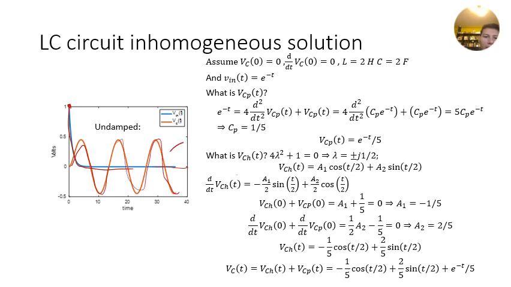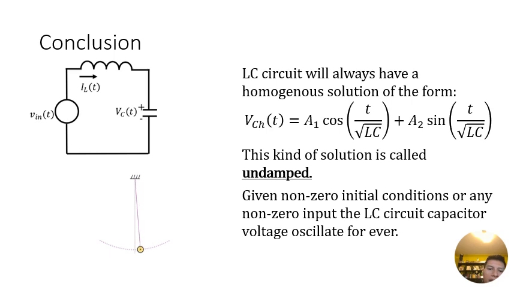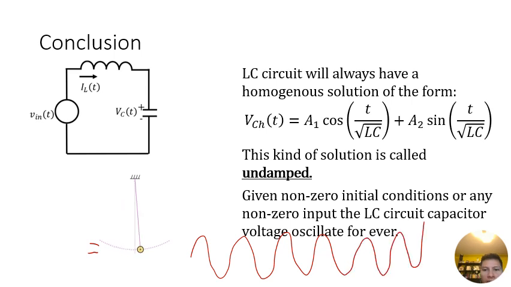So that voltage across the capacitor keeps oscillating even though we shut down our voltage source. This is actually analogous to an oscillator. If we consider the differential equation for the height of this ball at any given time, the height would oscillate up and down, up and down. And this kind of solution is called undamped because it never actually decays.